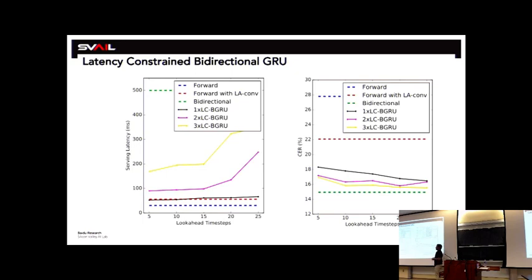So you were saying that if the look-ahead were infinite, then it would be a bidirectional model, but the latency, even at 25, the black is much lower than the green on latency, but it's getting close. So I'm just wondering what happens at 30 and 35.